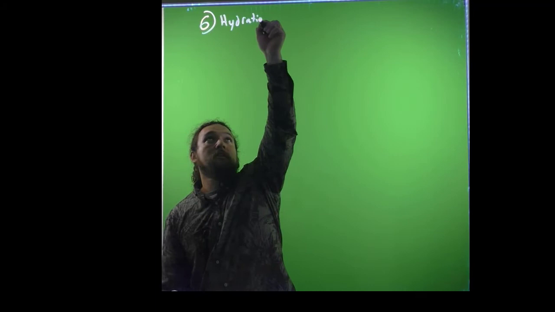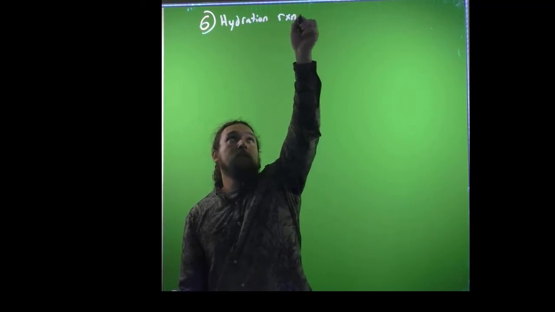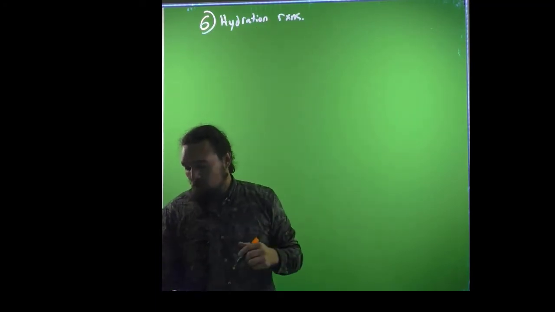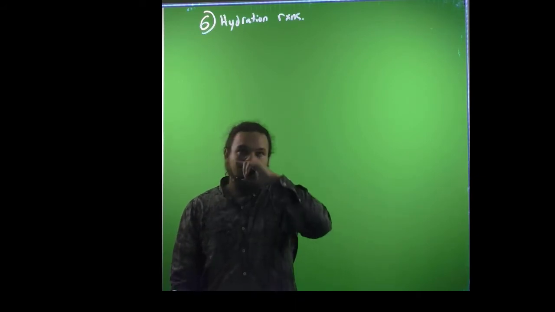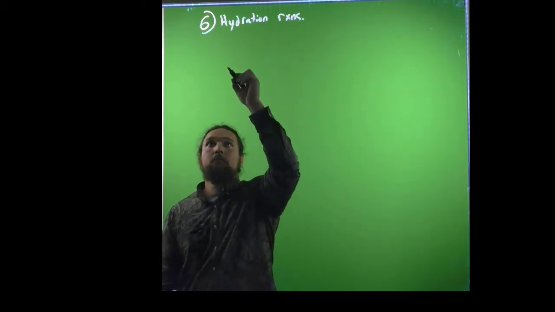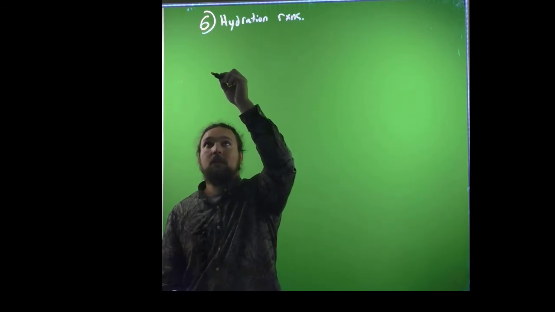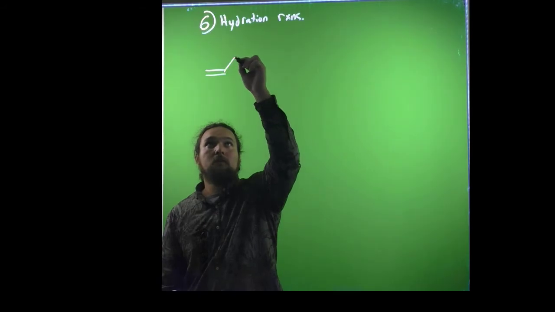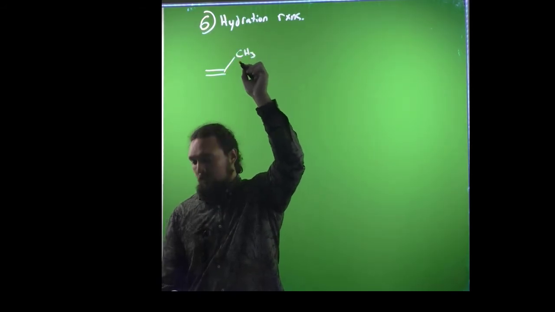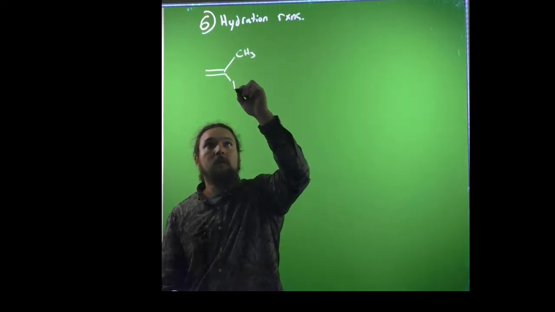Okay, number 6 has to do with hydration reactions. Hydration reactions would be: draw out all the possible products of the reaction of water with the following molecules. We have a double bond, CH3, hydrogens.